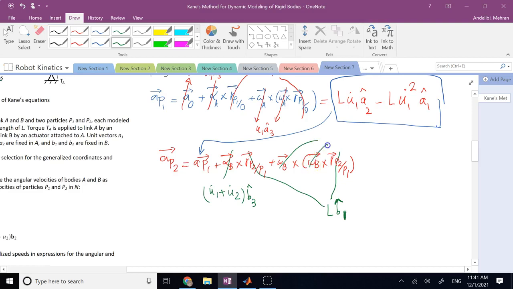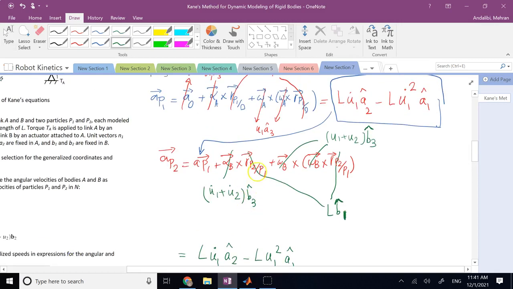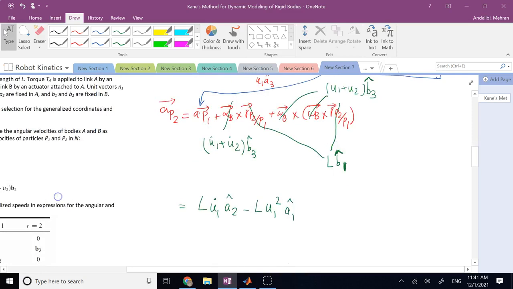And this omega, as we saw, was U1 plus U2 times B3. And if we carry this out, you will get whatever A had, which was L U1 dot A2 minus L U1 squared A1, and then plus the relative term. Because here you have B3 cross B1, so it's going to be B2.